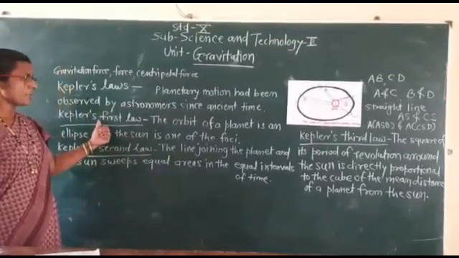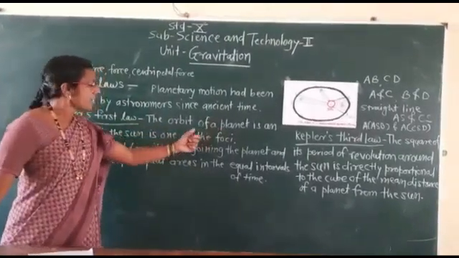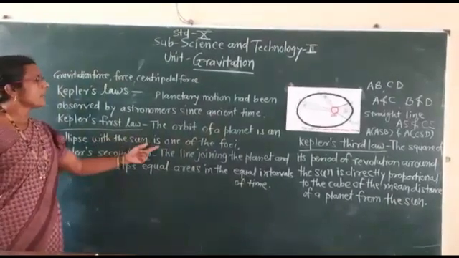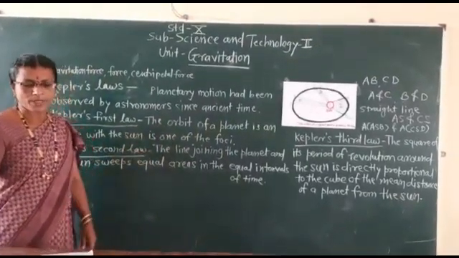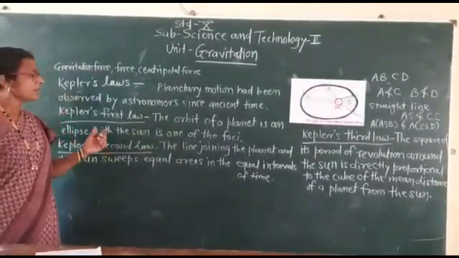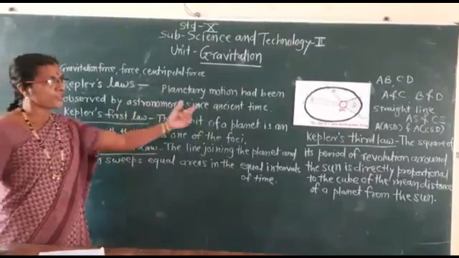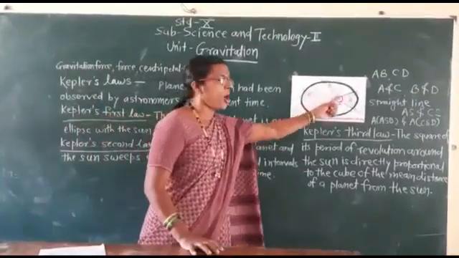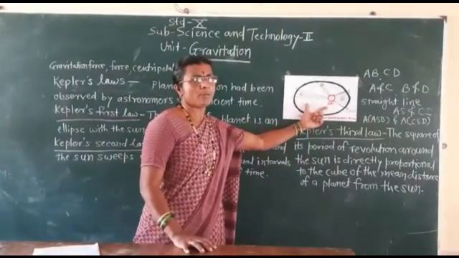Kepler's first law states that the orbit of a planet is an ellipse with the sun at one of the foci. To study this first law, we know the geometrical diagram of an ellipse. In this diagram the ellipse is the orbit of the planet, and there are two foci of the ellipse.